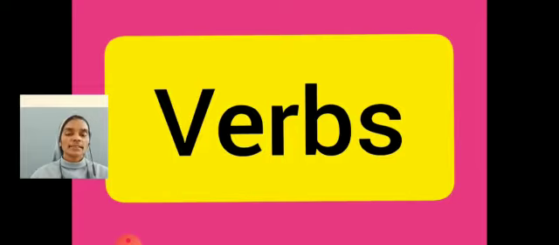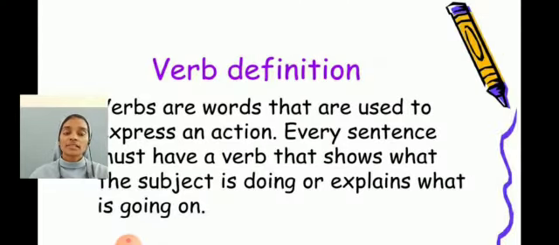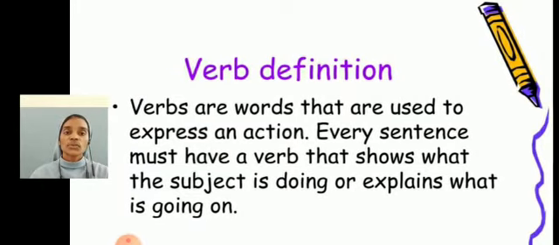Verb means kriya. Do you remember what the definition is? Verbs are words that are used to express an action. Every sentence must have a verb that shows what the subject is doing or explains what is going on.